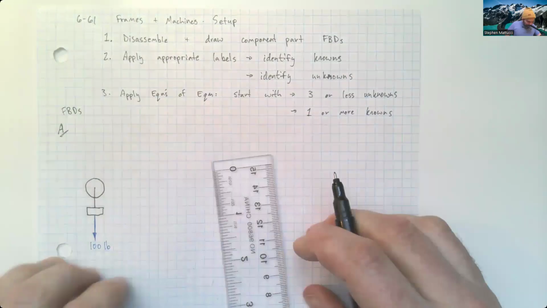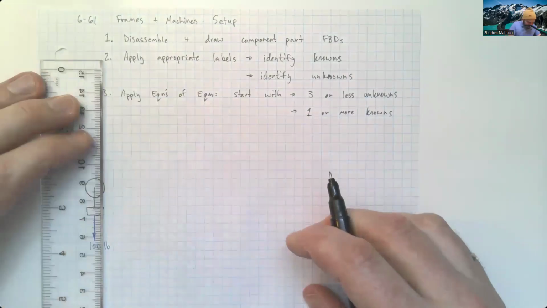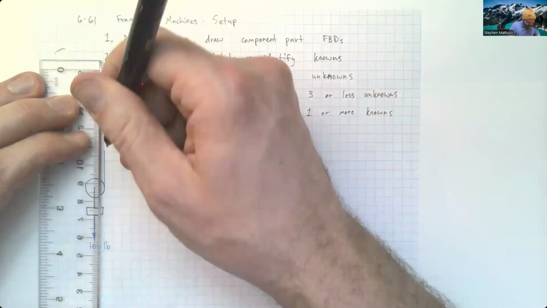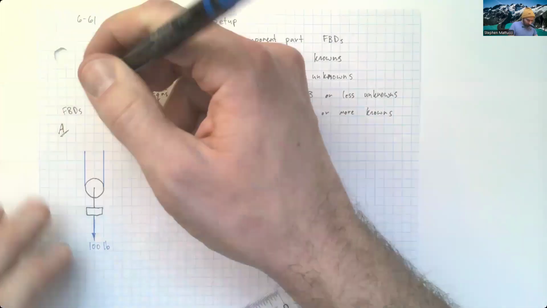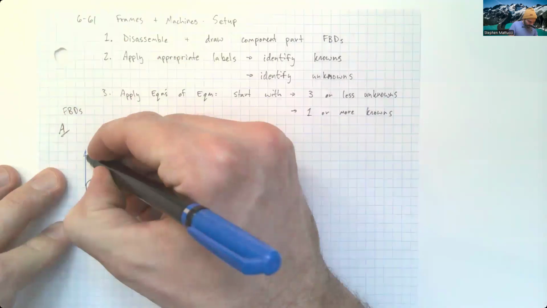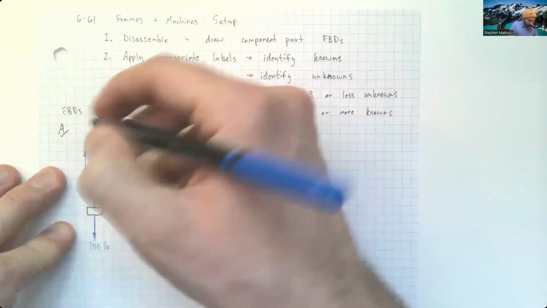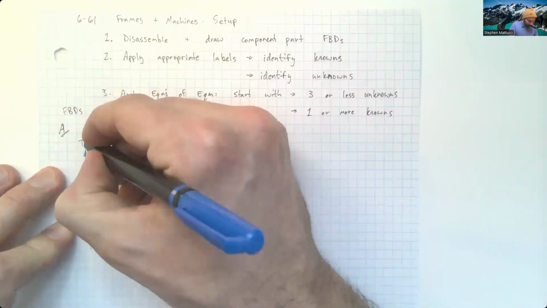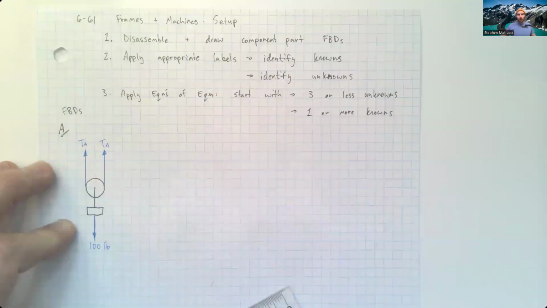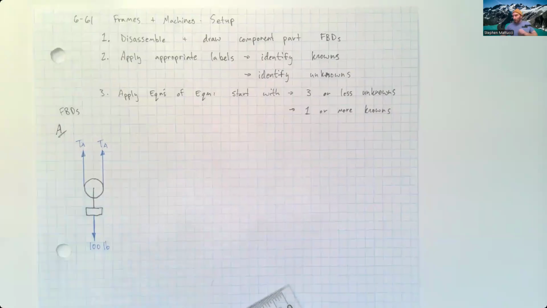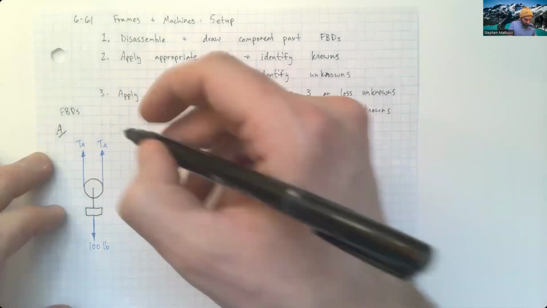Pulley A has the tension of these ropes that go up like so. Each of these is going to have a tension TA. Okay, so this is body A. We're going to work our way through and do this for the other ones.